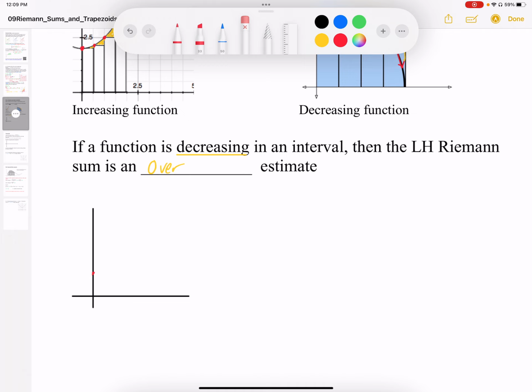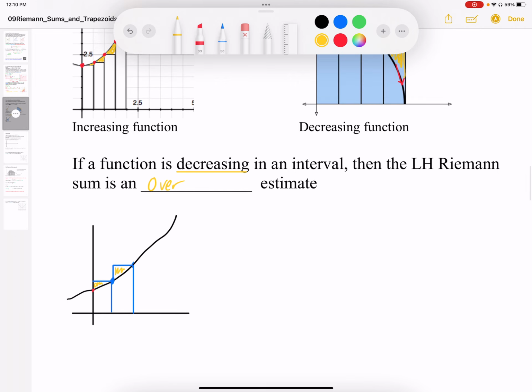So if I draw a right-hand Riemann sum, so start at the right edge and then draw a rectangle, we can see that these right-hand Riemann sums are now going to be overestimates. We can see that this area then is an overestimate.